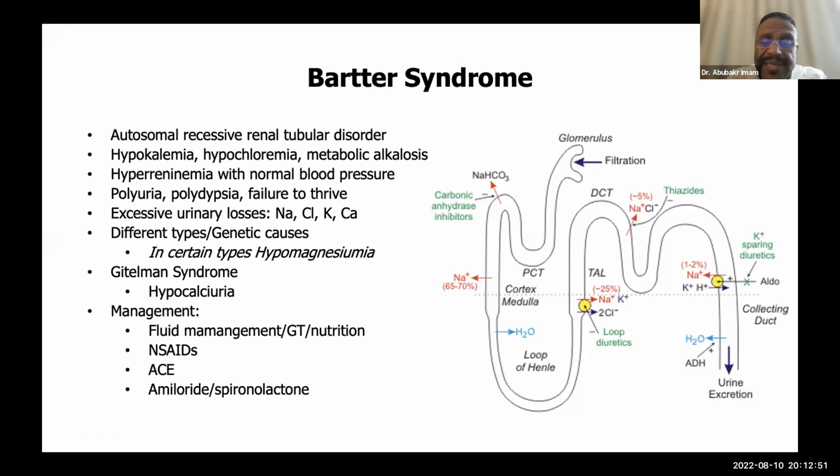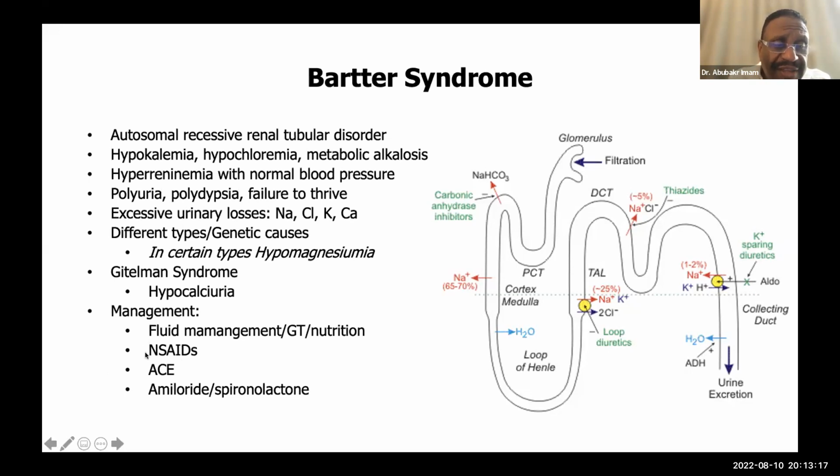Sometimes you might need to place a gastric tube in these patients because this is a young child who cannot keep up with the amount of fluids that actually get wasted. And nutritional support is of critical importance in these patients.